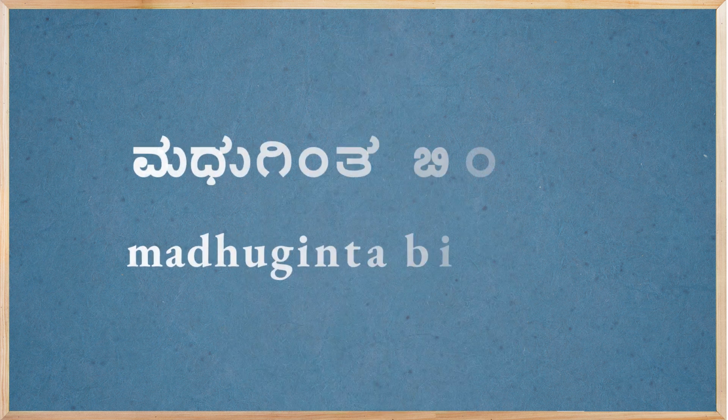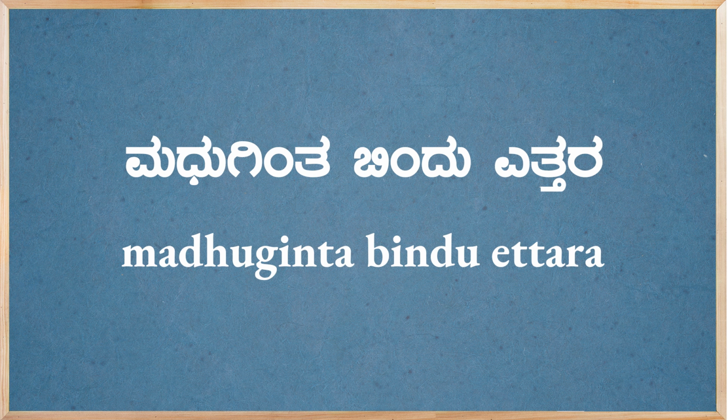It is simple. When you are comparing human nouns, the word ginta is used as the comparative marker. For example, Madhuginta Bindu yattara. But when comparing non-human nouns like objects, numbers or places, especially with the word yalla, we use kinta.